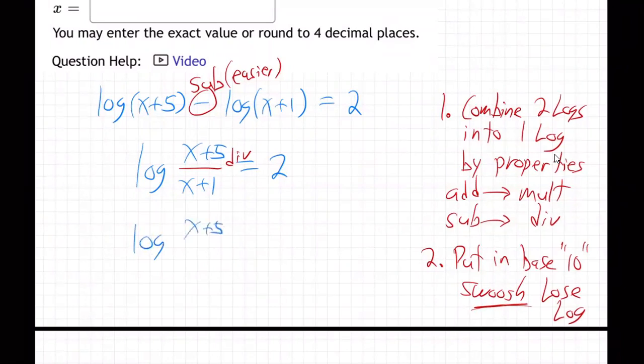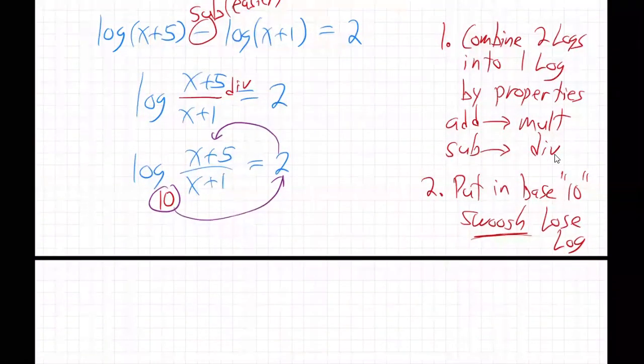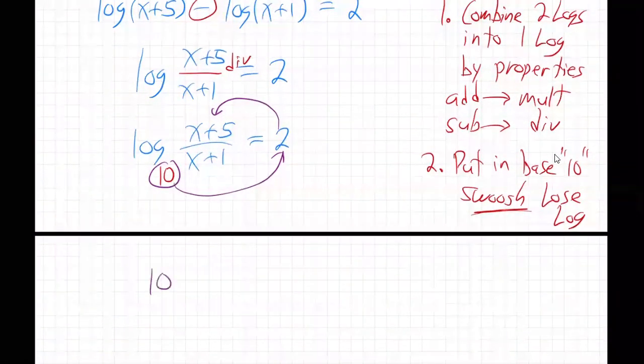Log of x plus 5 over x plus 1 is 2. All right, I'm going to put in the base 10, and then I'm going to do the swish. You go boop and boop like that, right? So it's going to become 10 to the 2 equals x plus 5 over x plus 1.